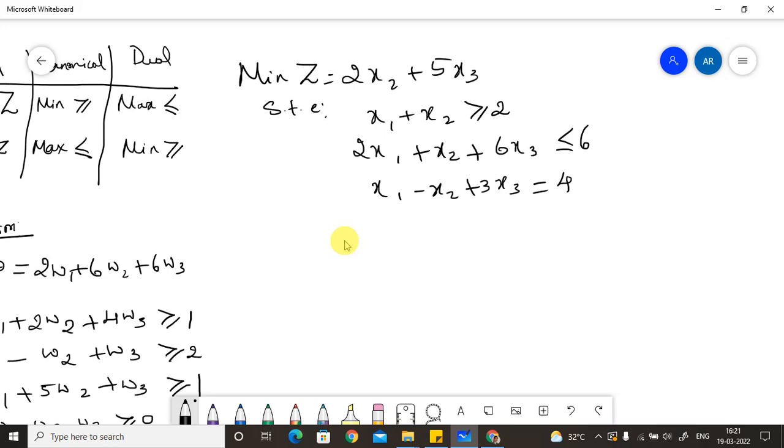When I write equal to, it means it is unrestricted with respect to the inequalities, and then x1, x2, x3 are all greater than or equal to 0. So this is the primal problem in minimization.